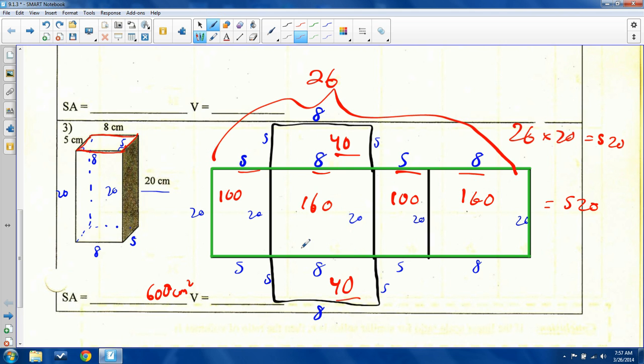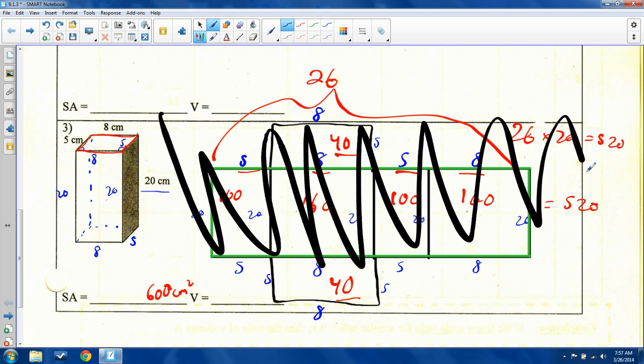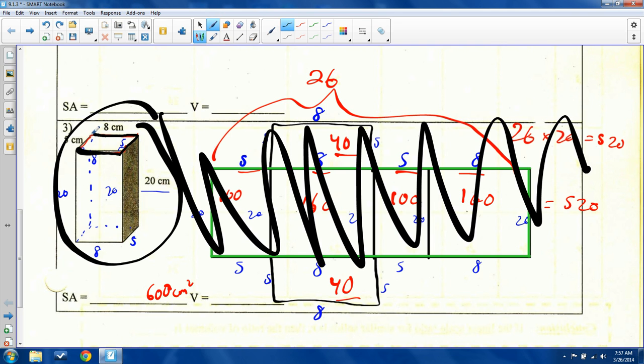If you ignore this net right now, just stop looking at it for a second, and just look at this, what do I essentially get when I add 5 plus 8 plus 5 plus 8? You see this base up here? I just found the perimeter of that base when I did 5 plus 8 plus 5 plus 8.